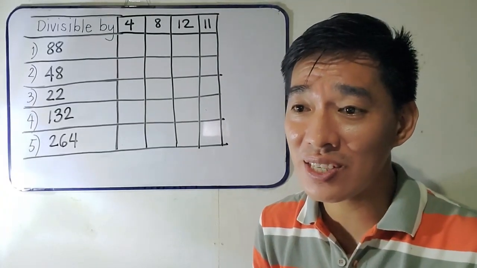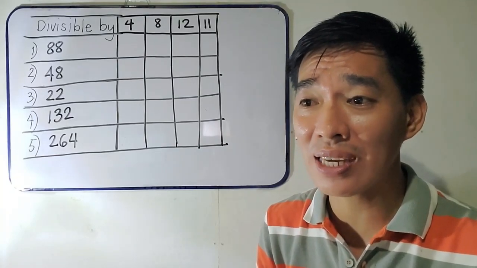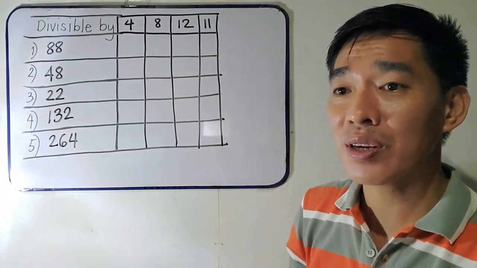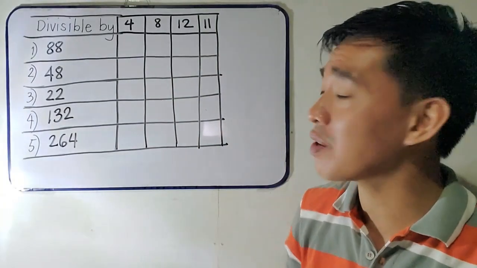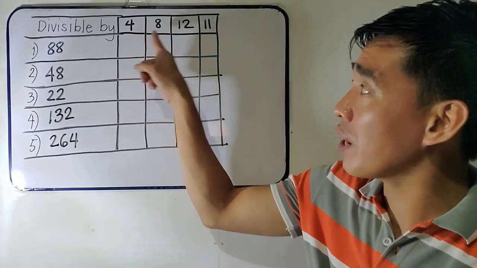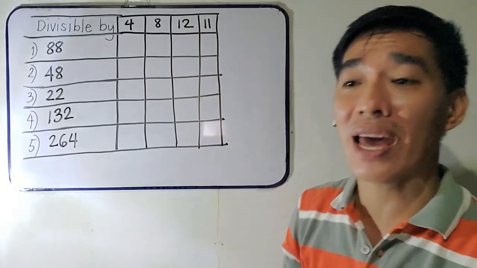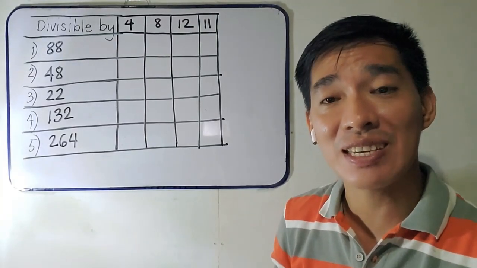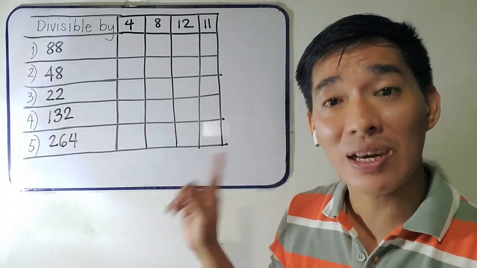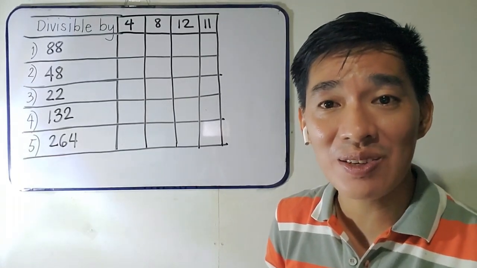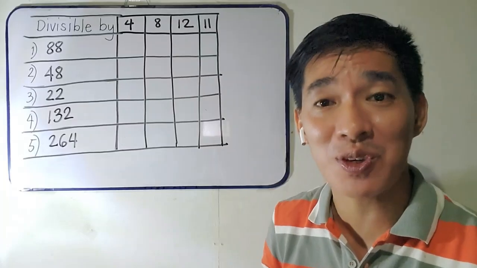The direction here says to put a check mark in the corresponding column to identify whether the numbers here in the first column are divisible by 4, 8, 12, or 11. So you have to write this in your math notebook, so copy and answer. I'll go back to you later for the answers of this activity after our discussion.